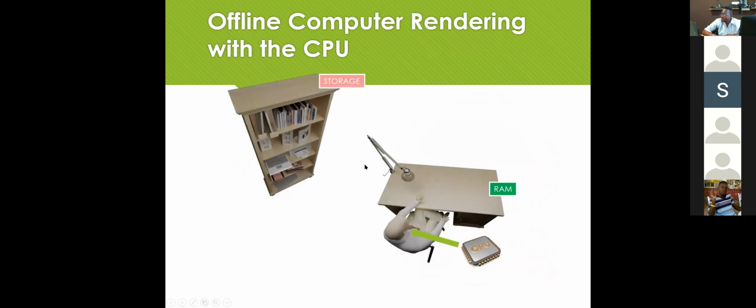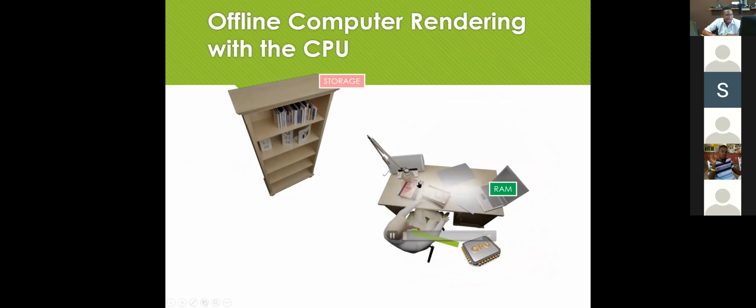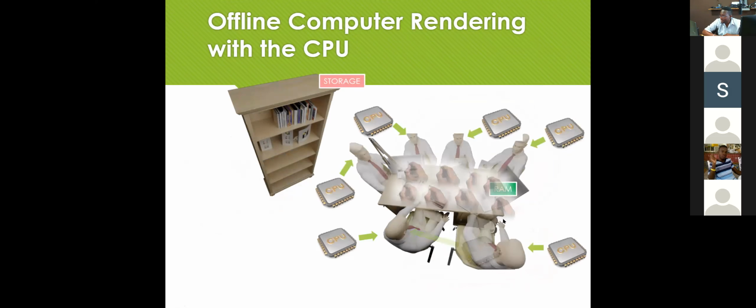Now, the general idea with offline rendering is that the more you have, the quicker it can be done. So for example, if you have one person acting as the CPU, then you have one hand that is drawing. But what if you had 8 acting as the CPU, right? I don't know if you remember, we did a presentation in DDM, that first presentation where we talked about computer components and those kind of things.